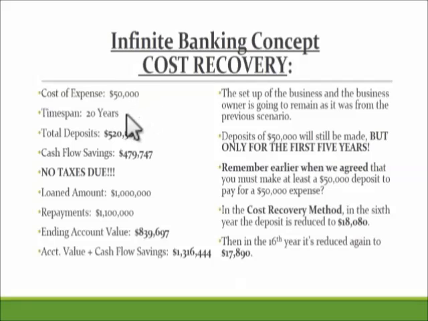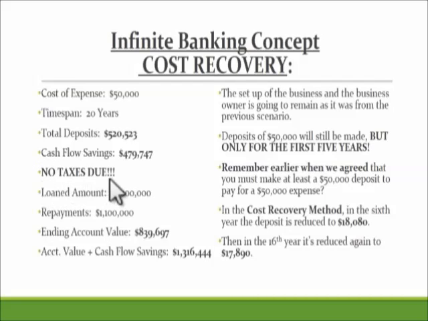that you will need to pay for the next 20 years, but you will only deposit $520,523 during that 20 years instead of $1 million. That will save you $479,747, almost $480,000. That's savings in cash flow that just goes into your pocket.